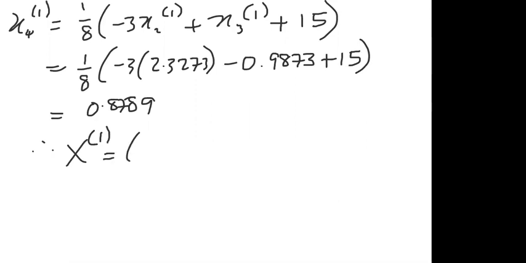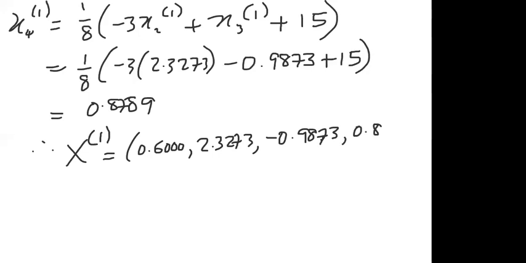So capital X1 is now equal to what? X1 is 0.6000, then small x2 1 is 2.3273, and small x3 1 is negative 0.9873, and lastly 0.8789, transposed.